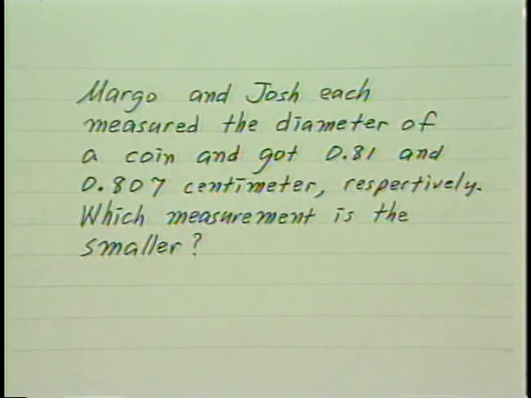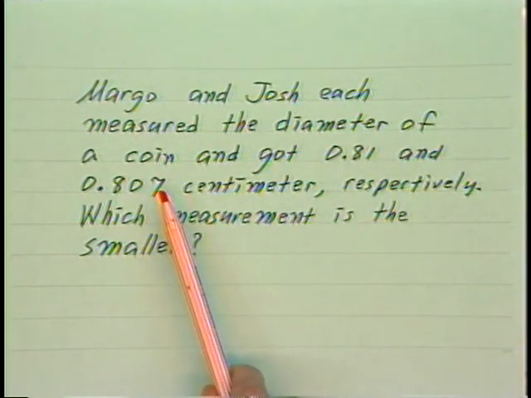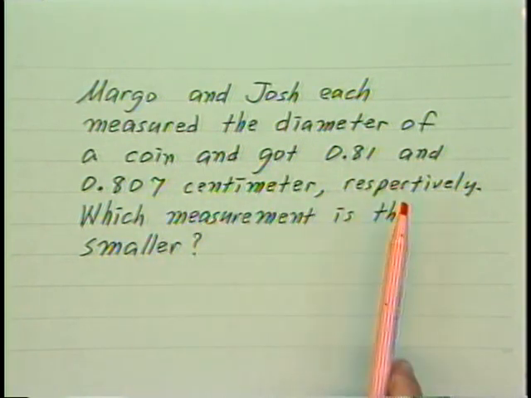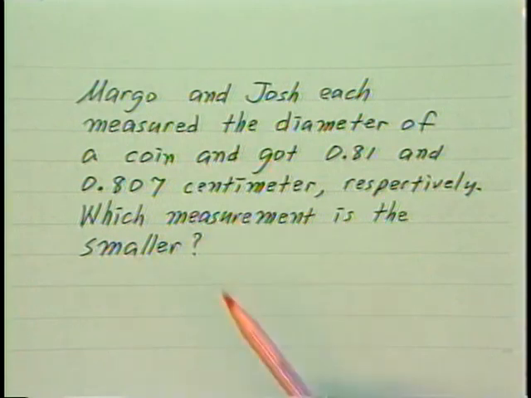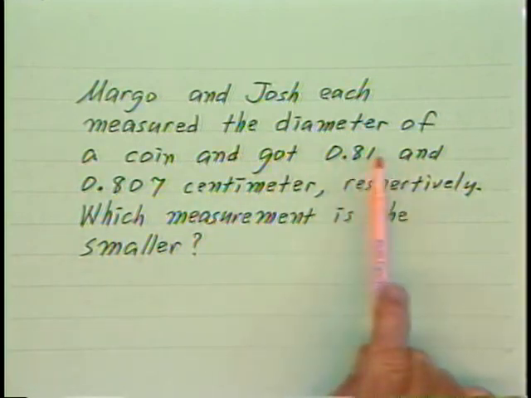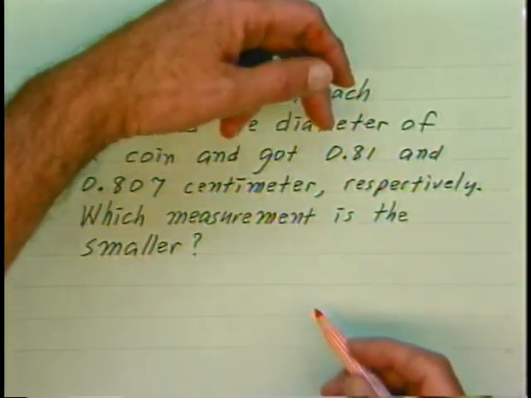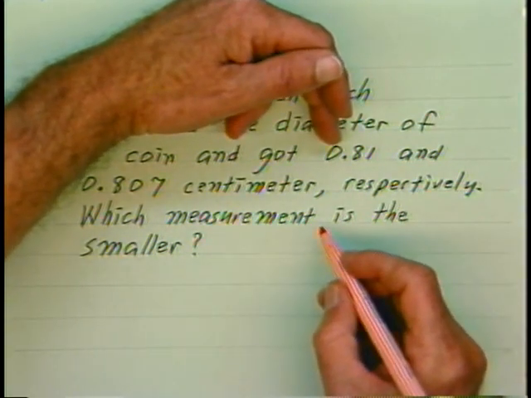Here's another. Margot and Josh each measured the diameter of a coin and got 0.81 and 0.807 centimeter respectively. Which measurement is the smaller? Now again, a beginner might see that 8.7 is larger than 8.1 and say, hey, this is smaller and this is larger. But here again, let's line up the decimal places.